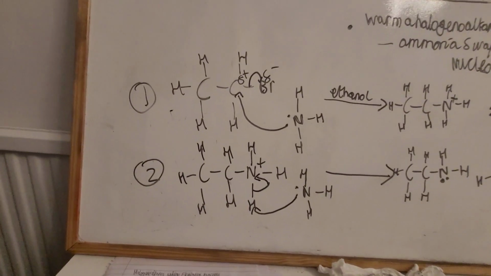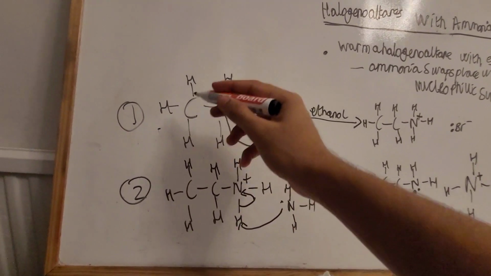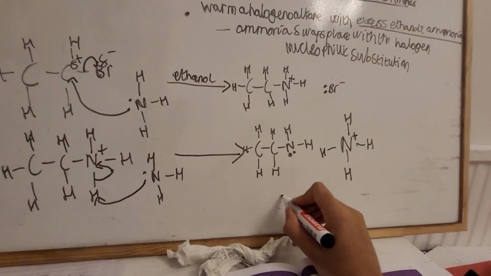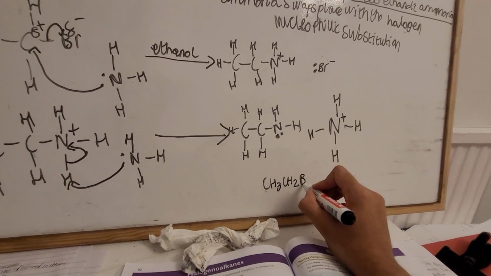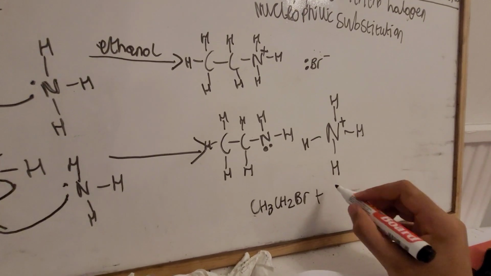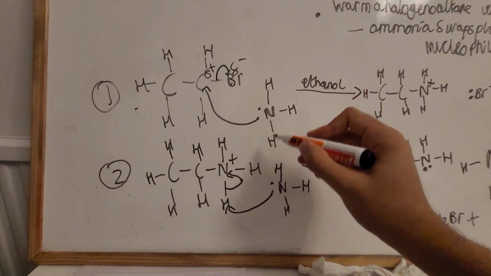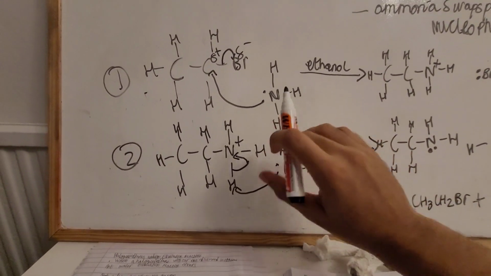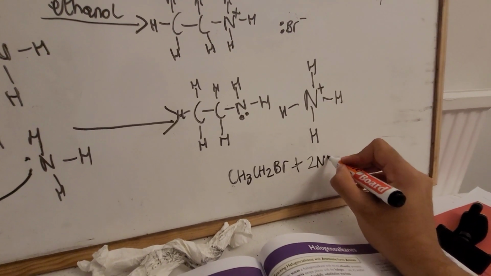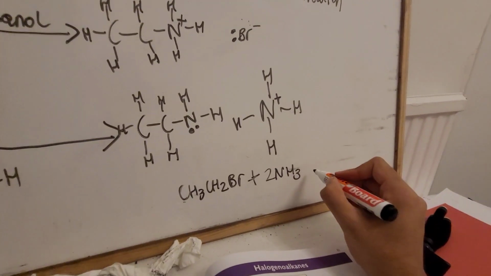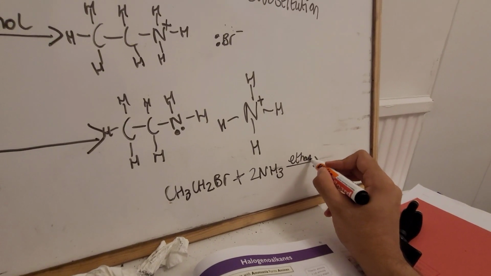So now if we look at the overall equation, well, CH3CH2Br plus, well, we're using ammonia, but how many ammonias are we using? 1 and 2. So 2 NH3, ethanolic ammonia, ethanol.